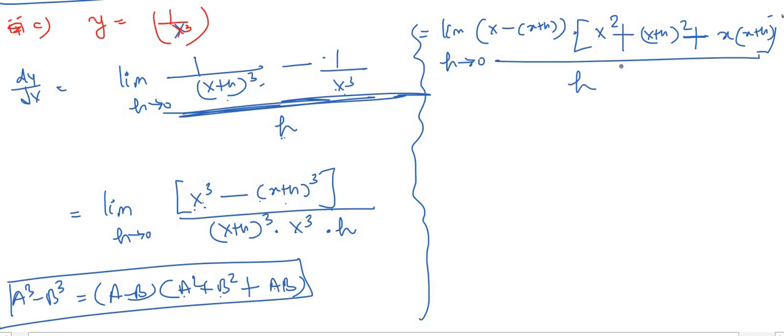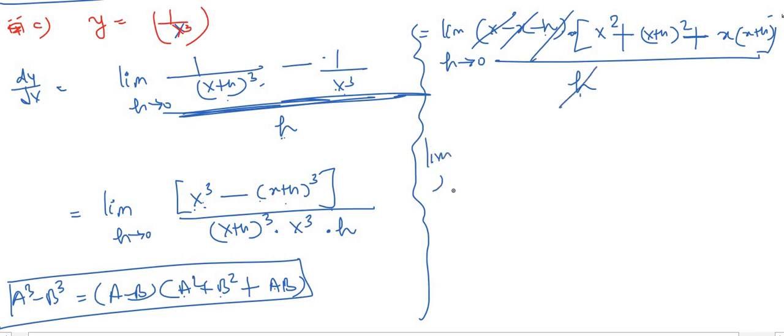Now let's see slowly what will cancel. If I open this tiny bracket here, it will become minus x and minus h, correct? Minus x minus h. Okay, so this x and this x will cancel, and this h and this h in numerator and denominator will cancel.